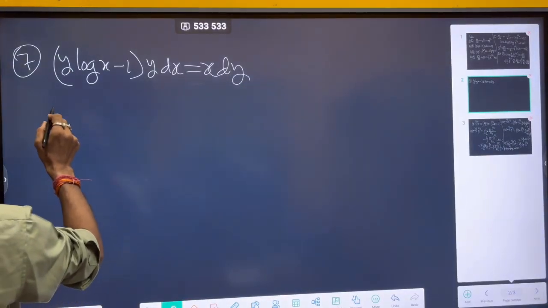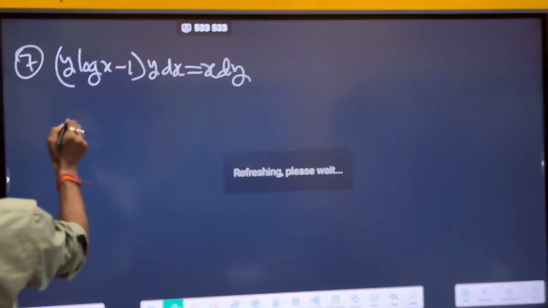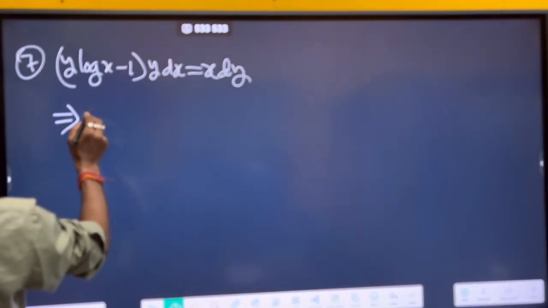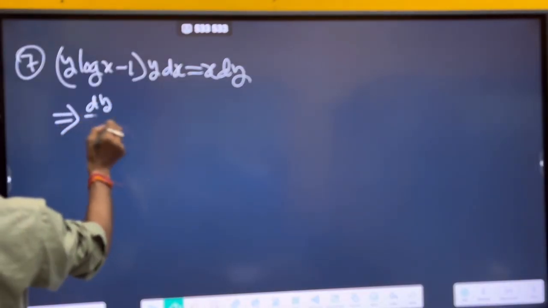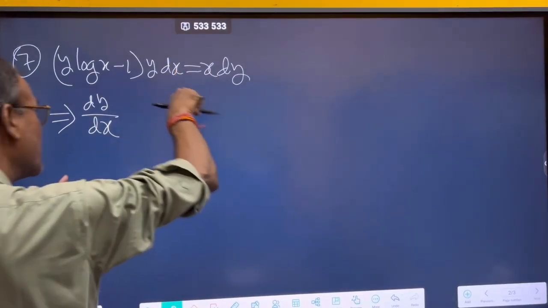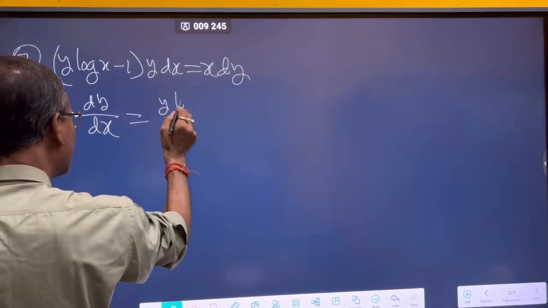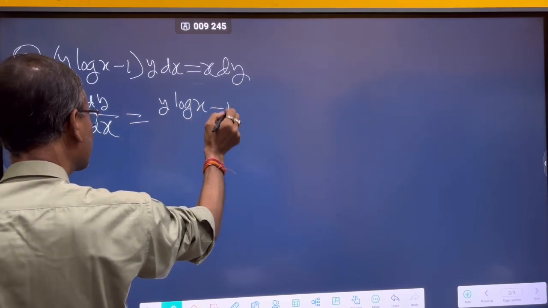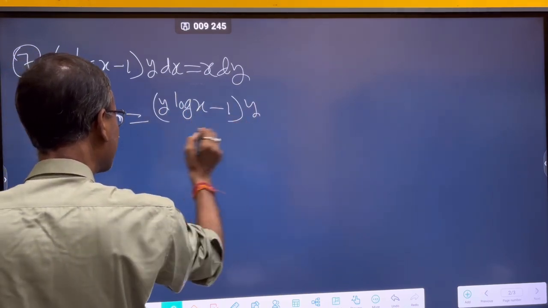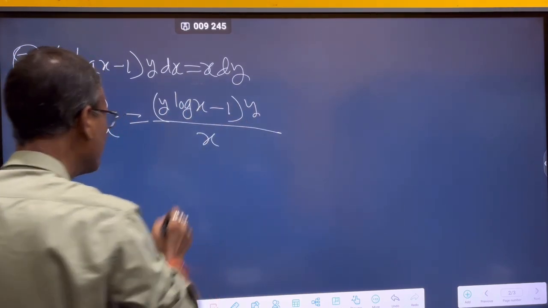You see here, dy by dx equal to y(log x - 1) divided by x.